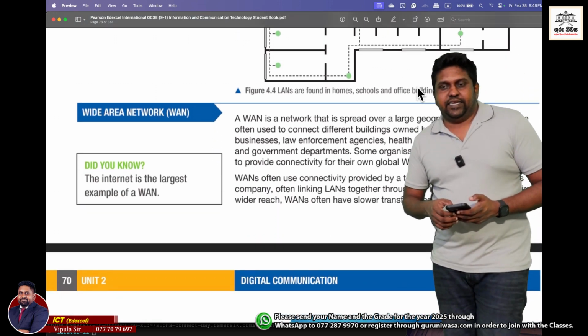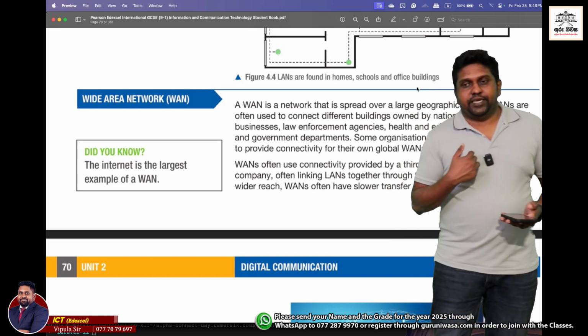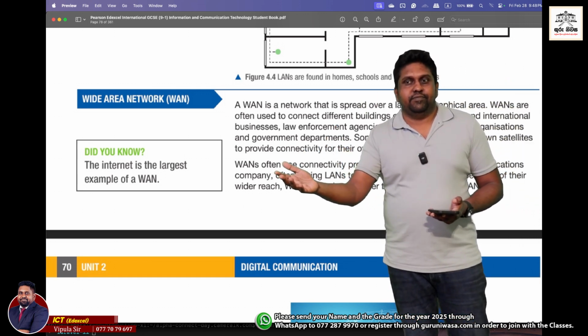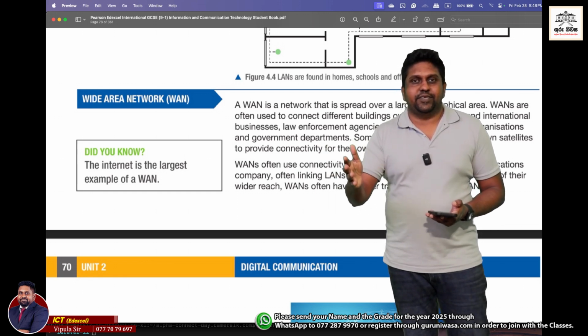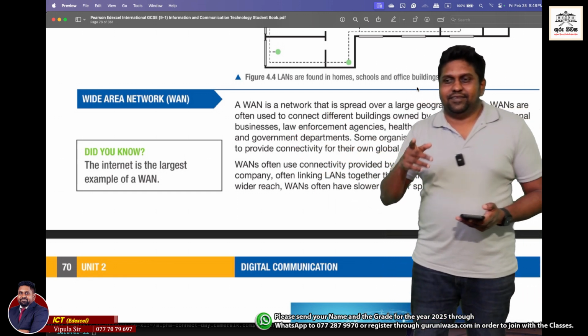But wide area is something different. Now let's say if I have a network at my home and I want to connect with Ihan Sataka, she's too far away. Let's say I want to connect with Dinal.